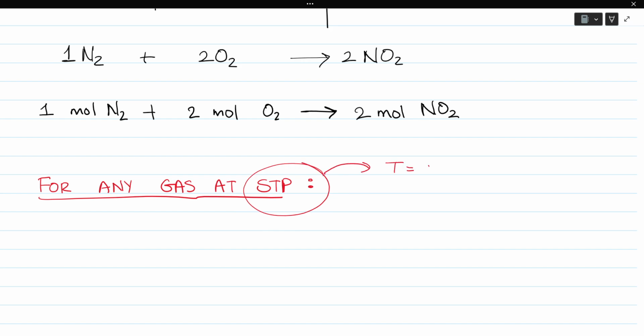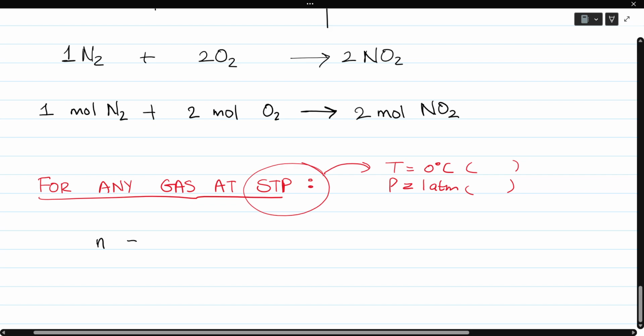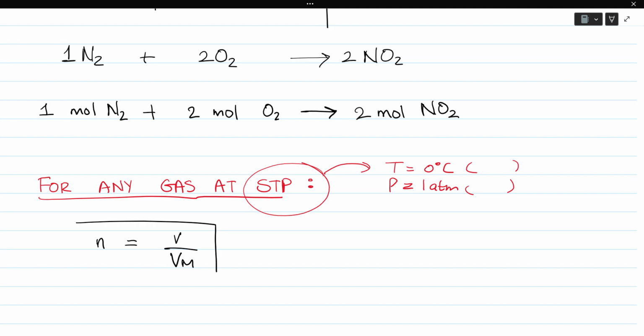What does STP mean? STP means your temperature is 0 degrees Celsius and your pressure is 1 atmosphere. And don't forget those other 2 units that you can use. The important formula is n is equal to V over Vm. This equation only applies at STP.